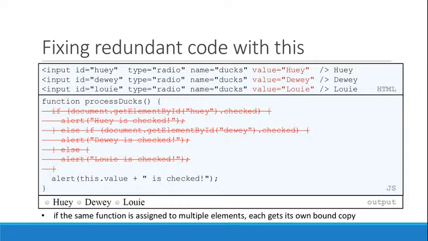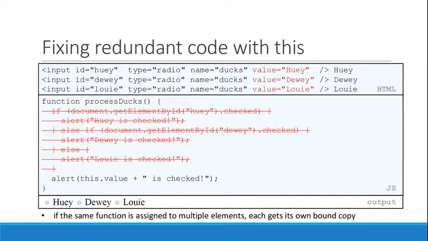Here we have three radio buttons, which have the IDs Hui, Dewey and Louis, with the values Hui, Dewey and Louis and the name ducks. And then the text is displayed over there.